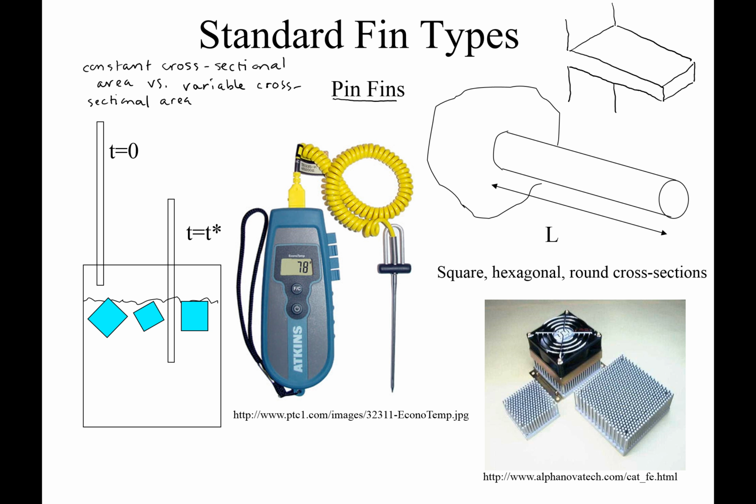So there are fins of this rectangular cross-sectional area, just as well as there are these pin fins, which are these cylindrical cases. So there are different types of cross-sectional areas that you can consider for these problems.